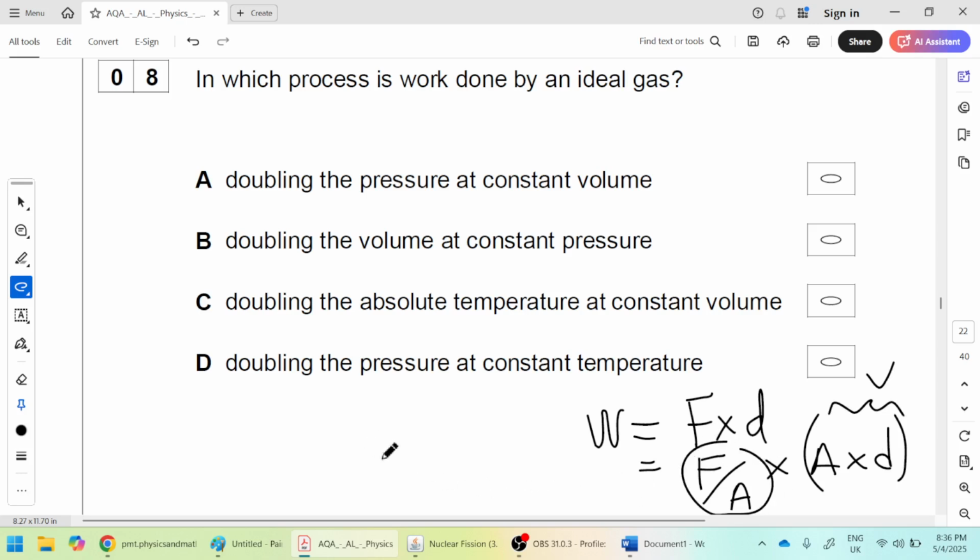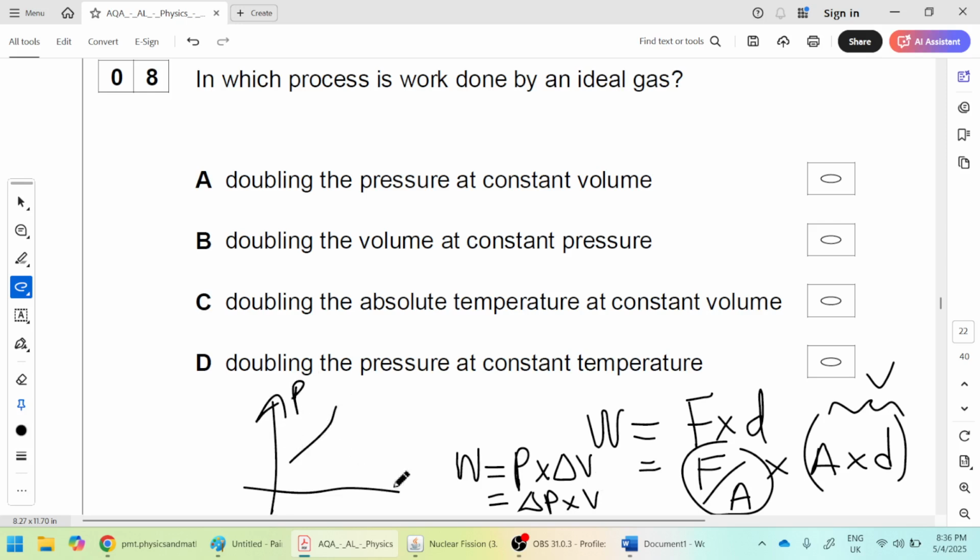So overall you end up with the idea that work done is equal to pressure times change in volume, or change in pressure at a constant volume. Or in the case of a graph, any combination of the two, right? Any combination of the two, as long as you have an area under this graph, there's work done. Let's take a look.